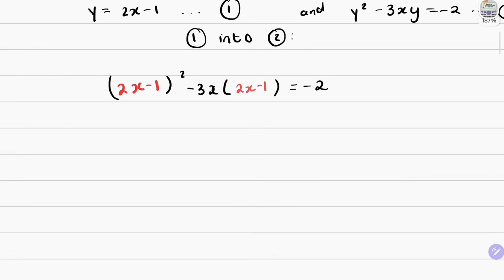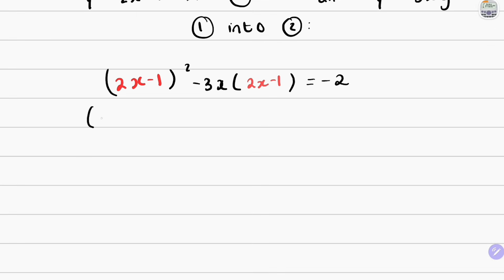Okay, let's just distribute. So we're going to FOIL that. You can say (2x minus 1)(2x minus 1), but always use short methods because it helps to avoid mistakes. So we'll square the first term, that is 4x squared, square the last term, that is positive 1. Then first term times second term, that's negative 2x, times 2 is negative 4x.